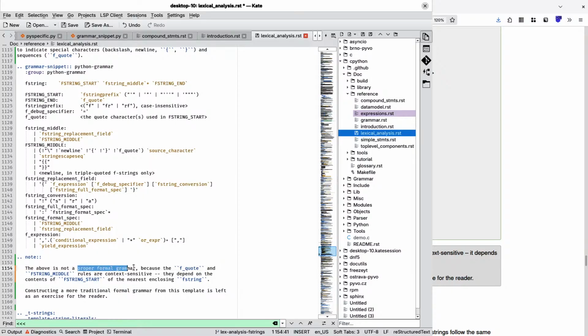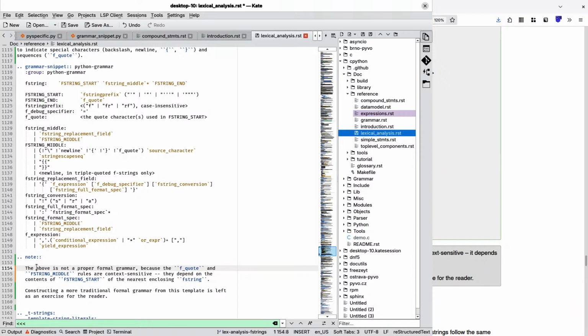I'm not sure proper formal grammar is a formal term. There are several different types of formal grammars, and you can define your own.